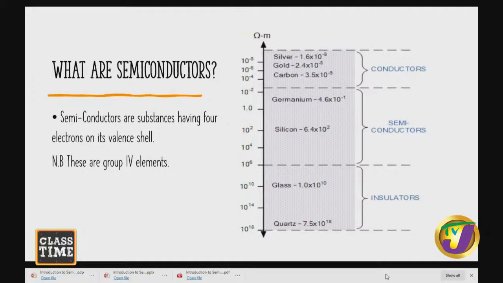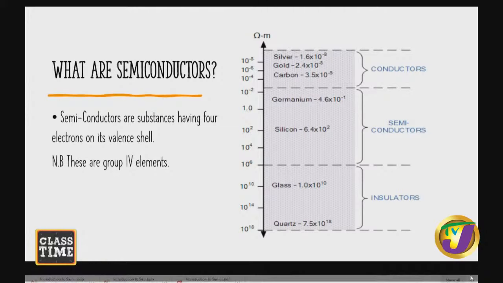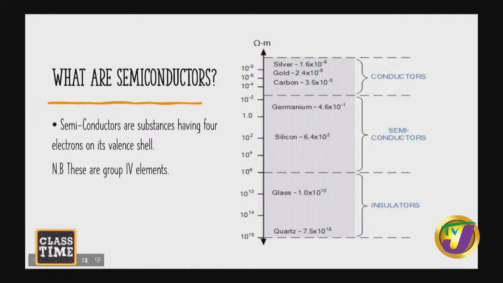So, what are semiconductors? A semiconductor is a substance which possesses a resistance level between that of a conductor and that of an insulator. Now, as we mentioned earlier, we talked about the atomic structure, the electron theory behind semiconductors.